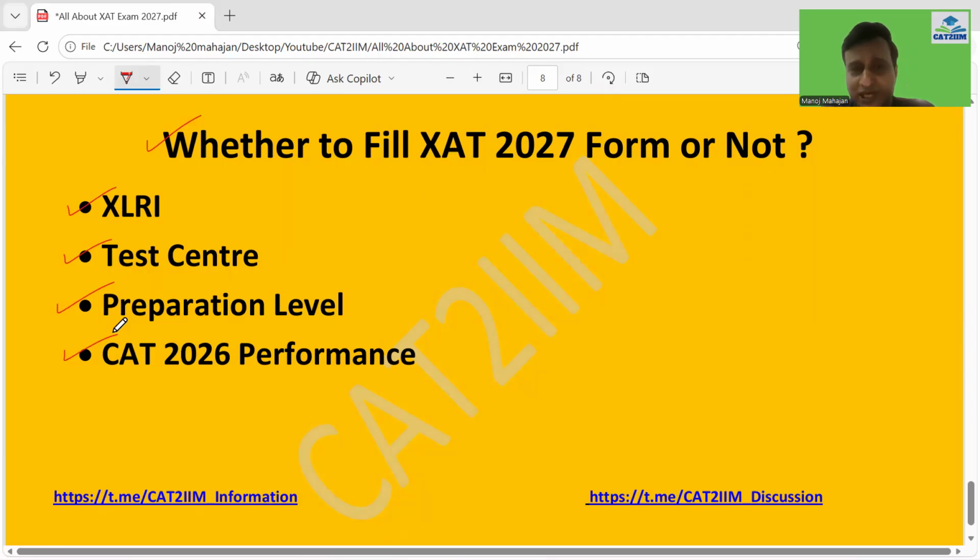So what they have to check is that the CAT most likely would happen on 29th November 2026. So you would be in a position to know what you have done in the CAT 2026. What is your performance? Even the response sheet is out soon after the CAT result.